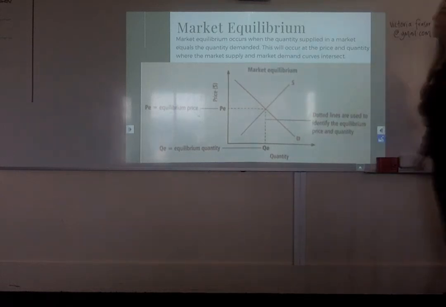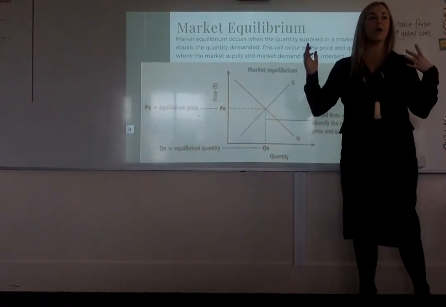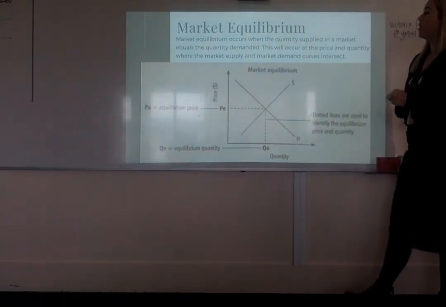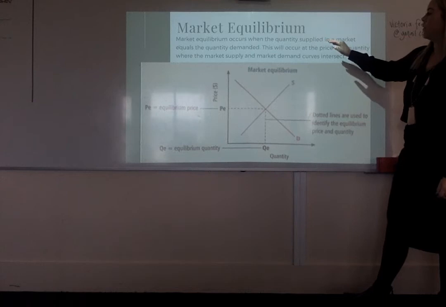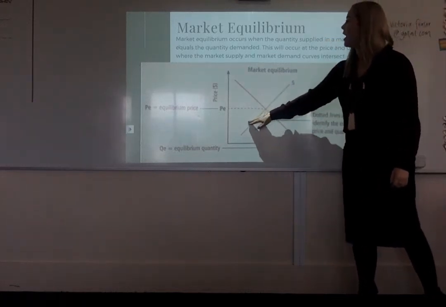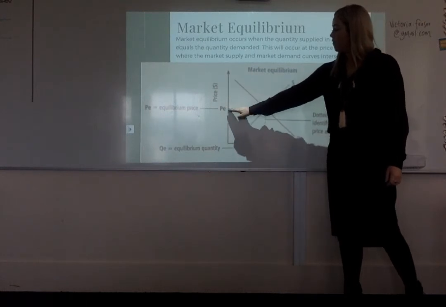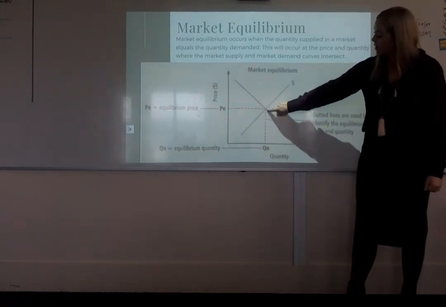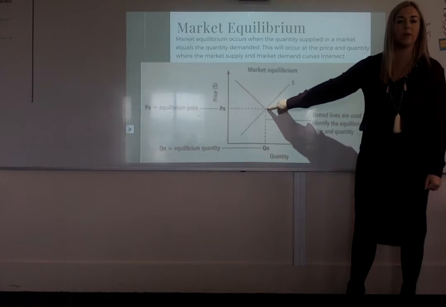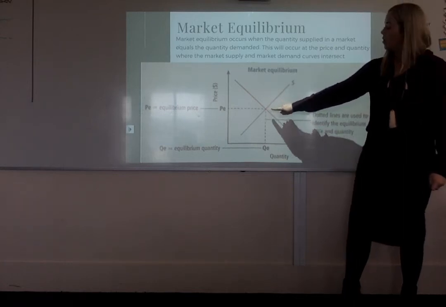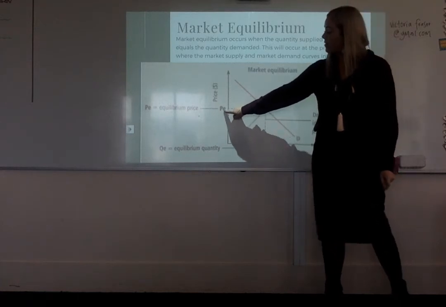Market equilibrium occurs when we bring both the supply and the demands together. So in this case, we've got our quantity supplied equals quantity demanded. If we were to draw dotted lines where they cross over right in the middle here, that is our equilibrium point. So the way that we write this is PE.